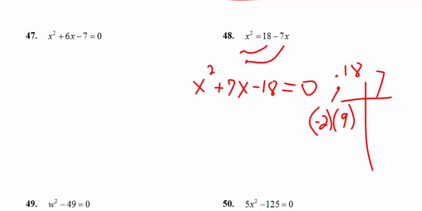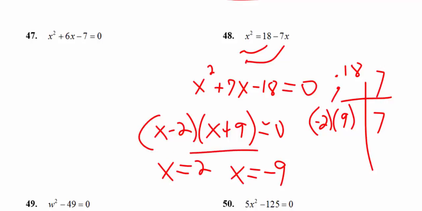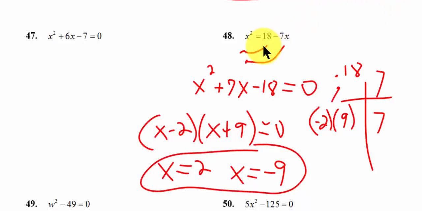And when I add them together, that would leave me with positive 7. So we can write x minus 2 times x plus 9 equals 0. And then to finish the problem, we just simply say x equals 2, x equals negative 9. Those are my solutions, right? That's my solution to problem 48.